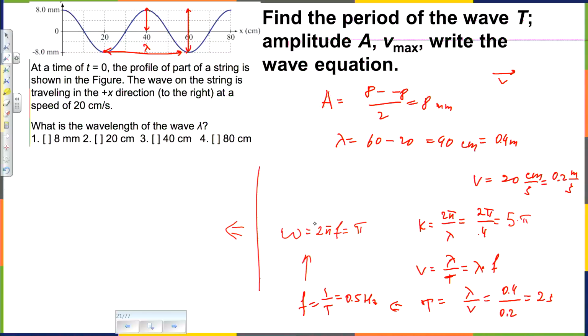This is a snapshot at t equals 0. All right. And this is a cosine. So at t equals 0, the displacement from the equilibrium equals a cosine, well, cosine is an even function, so we can write plus or minus k times x.